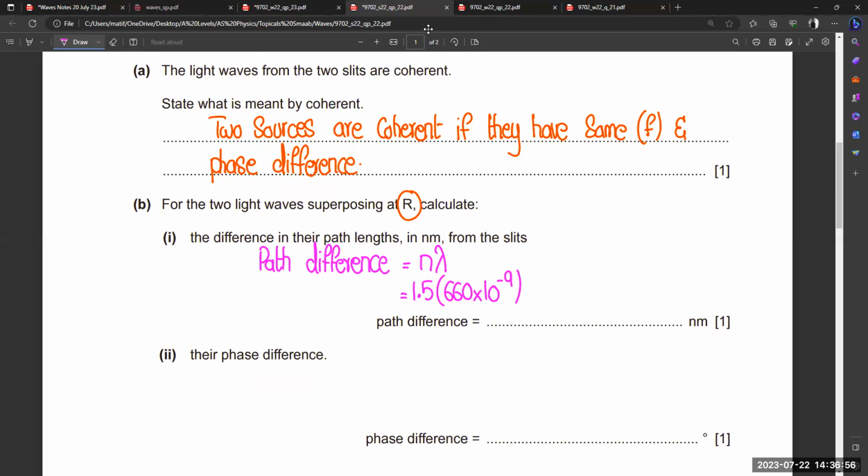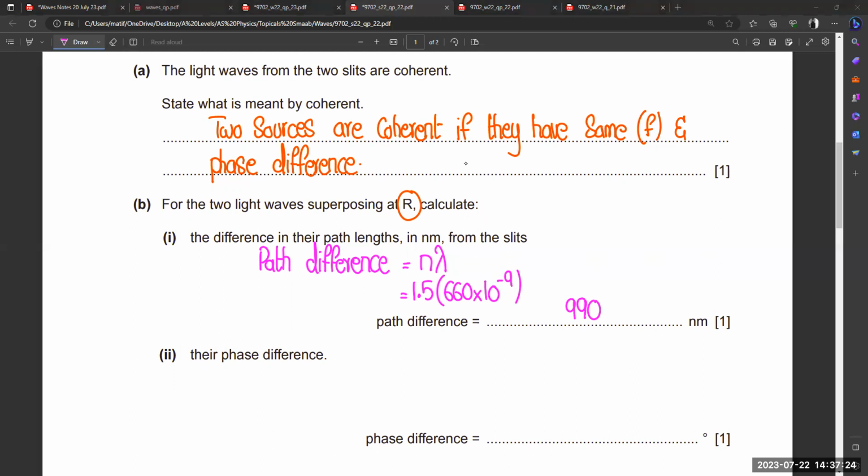So what is the answer? Your final answer will be equal to 990 nanometer. Any confusion? Nope. Okay.